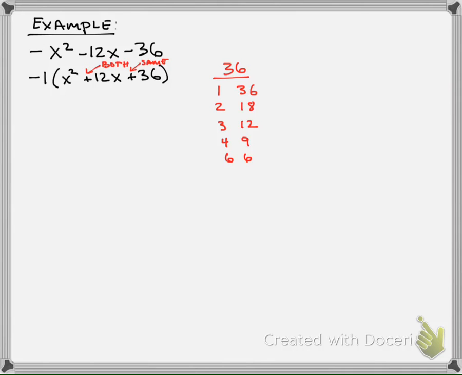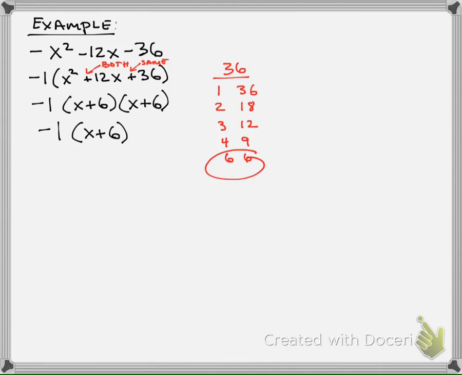So if everything's positive, the one that gives me 12 are 6 and 6. So our factors then are negative 1 times x plus 6 times x plus 6. In this case, when two factors are the exact same, we can write negative 1 times x plus 6 squared.